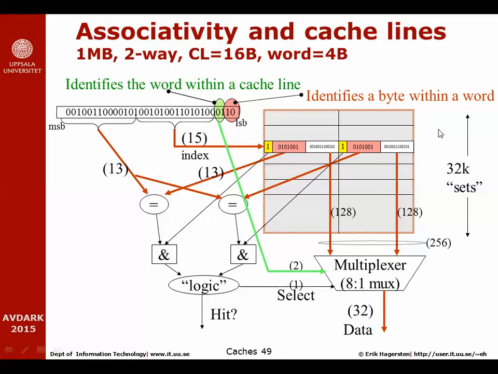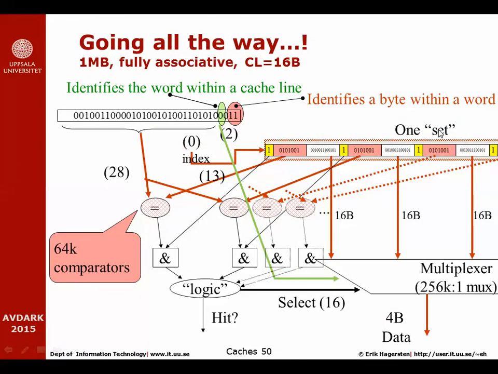And one extreme design point is what's called a fully associative cache. So in a fully associative cache, in some sense, you have a null index function. And all the data you can fit in the cache can be in any of the possible places in this cache. So in this design example, in a 1 megabyte fully associative cache with a cache line size of 16 bytes, you would have 64K cache lines with a null index function.